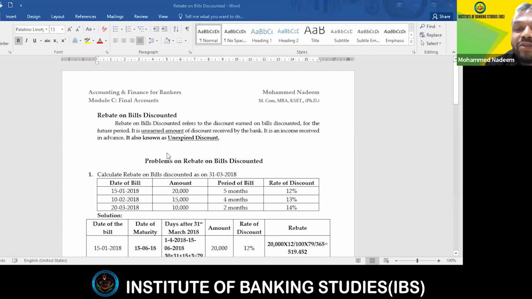On that day, if your bill has not matured, it is called a rebate because it is going beyond the financial year. We call it unearned because the discount you have held from me, you have not earned on that day because the bill has not expired.